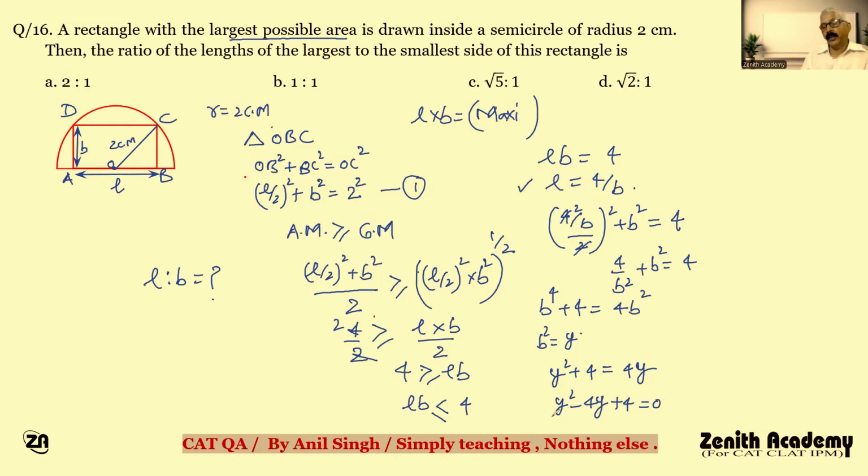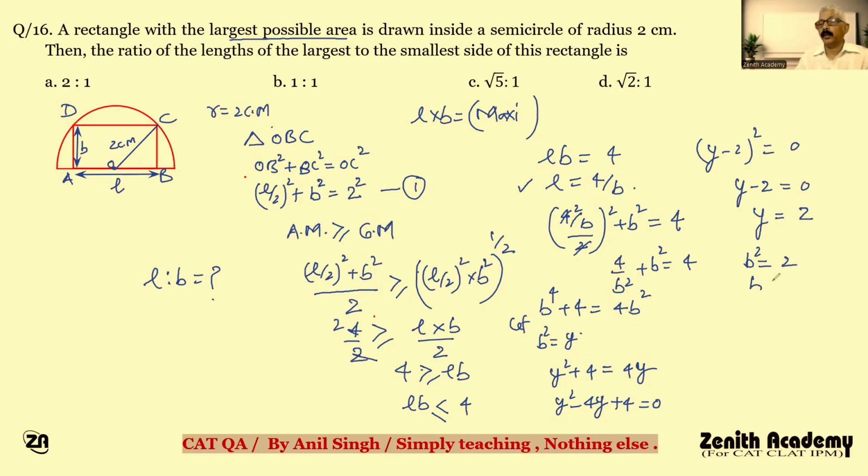So basically, it is Y minus 2 whole square is equal to 0. So Y minus 2 is equal to 0, means Y is equal to 2. And Y is what? It is B square. So B square is 2.